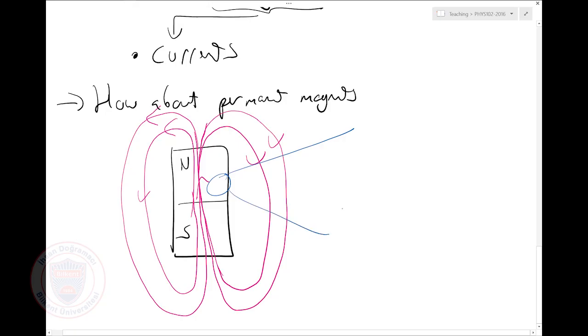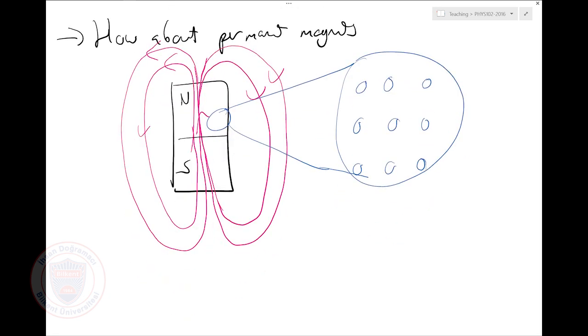Thankfully, really only over the last century, it became clear that if I zoom in into this permanent magnet, I'll see pretty much a regular arrangement of atoms. And what do we have inside each atom?